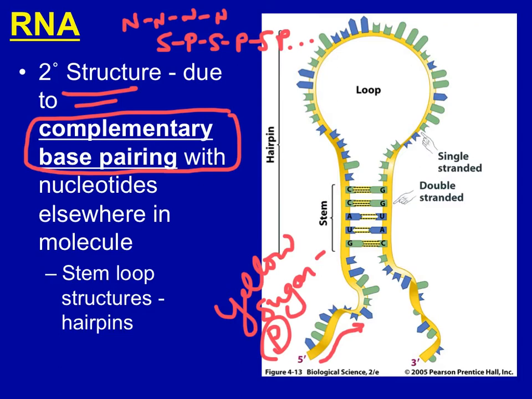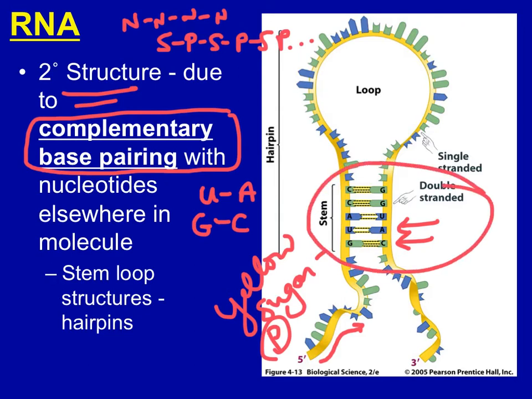And so you see that G's pair with C, U's pair with A, so U's pair with A in RNA, and G's pair with C, right? So C's pair with G, and A's pair with U. And that leads to these particular structures called stem loop structures. RNA is filled with stem loop structures, and they form due to complementary base pairing.